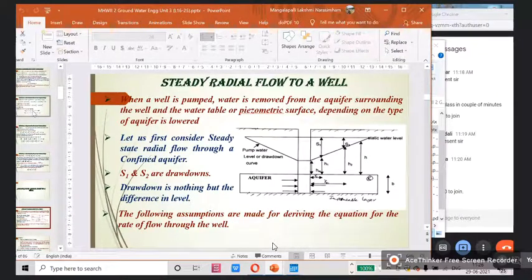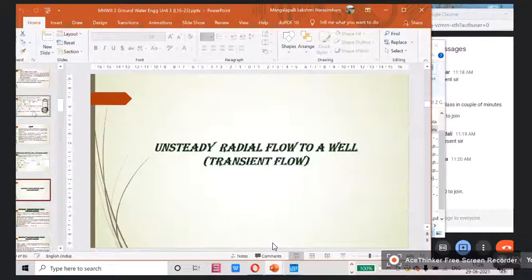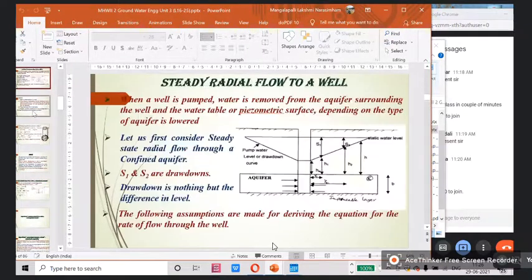So, this we will derive in a different manner, and we will also consider unsteady state conditions. Earlier we have not considered unsteady state flow, but now we will consider unsteady state also.